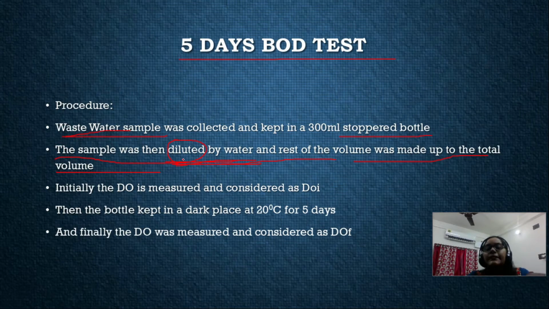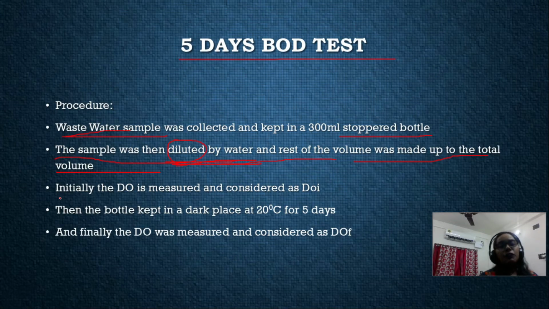Understand? These are the kind of questions you can have in your exams very frequently. Why do we use the stoppered bottle during the reaction? Why do we dilute our wastewater sample? Okay, so here are the answers. Now, what will happen after that?